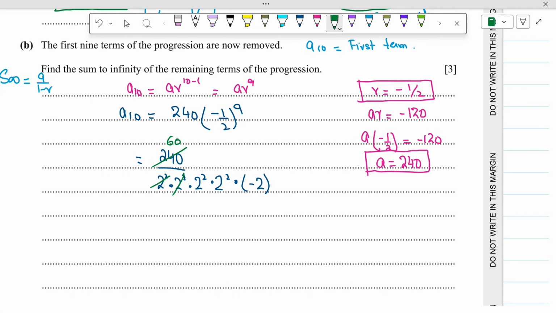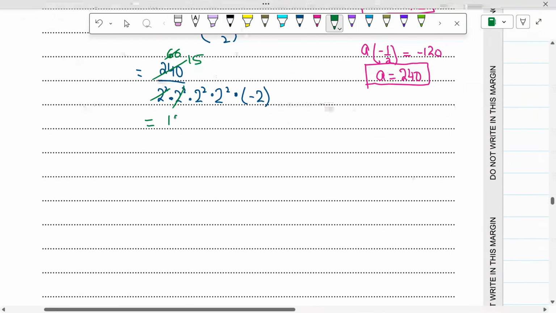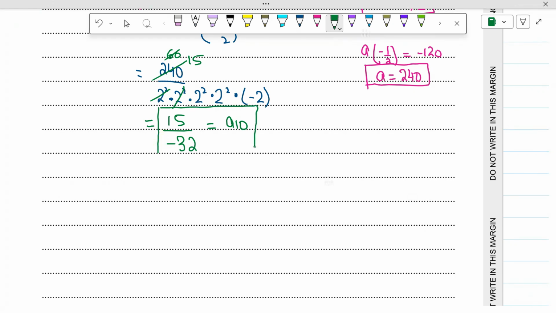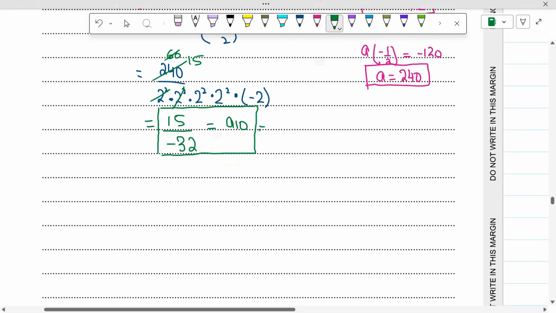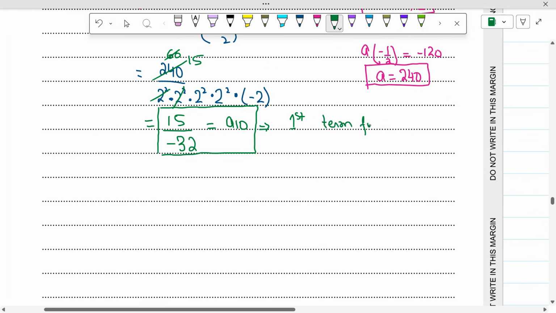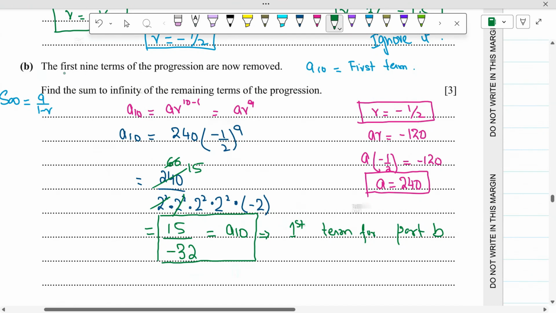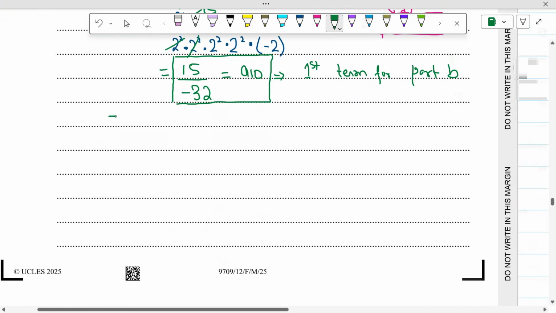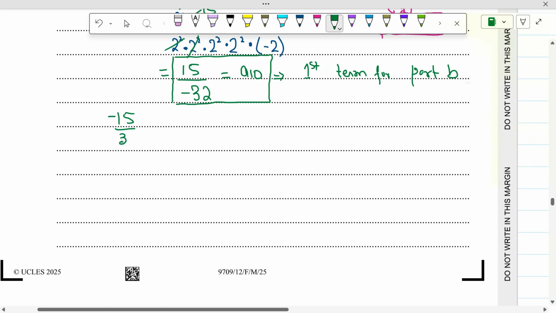When we cancel this, 4, this will be equal to 15. So we will have 15 over negative 32. So the 10th term is equal to negative 15 over 32, which is the first term for part B, because the first 9 terms have been removed.